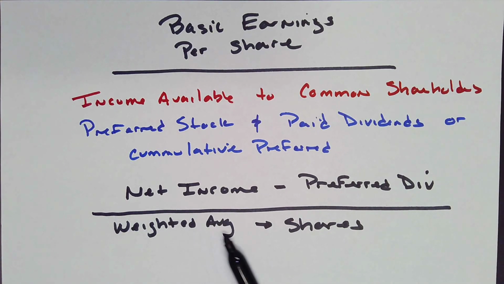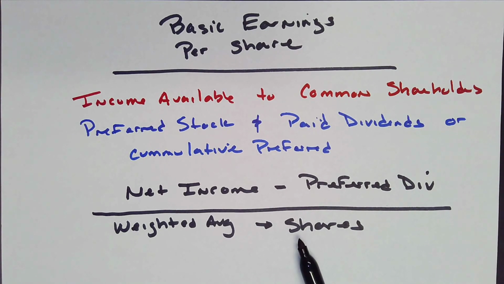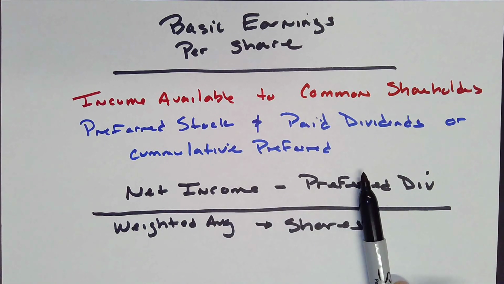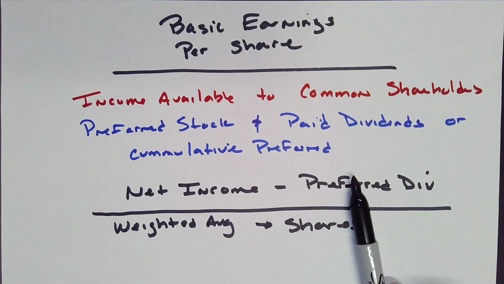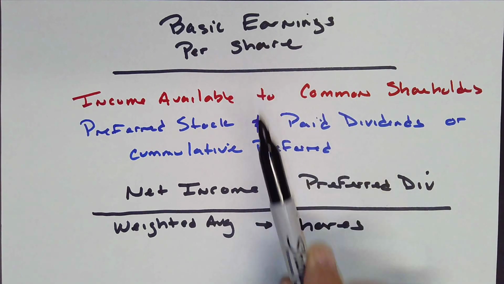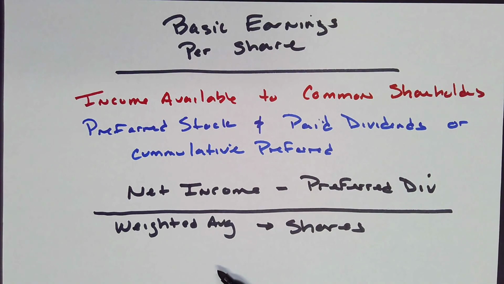But you can go to the literature to see whether or not you do or do not have to factor in contingently issuable shares in this basic earnings per share calculation. Now that's different than conversions or options or warrants, right? So a little bit different. We'll talk a little bit more about what other adjustments might have to be made to this basic earnings per share calculation.